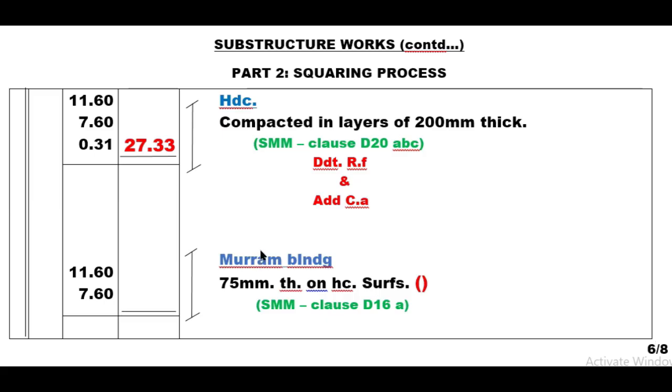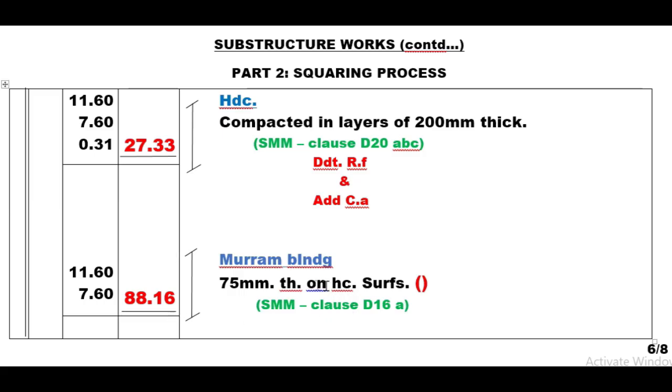The next item, that is number 12, is maram blinding, that is being done on hardcore surfaces. So we had, according to our plan of 01 drawing, internal dimension is 11.60 by 7.60. So if I square this, I'm getting 88.16.